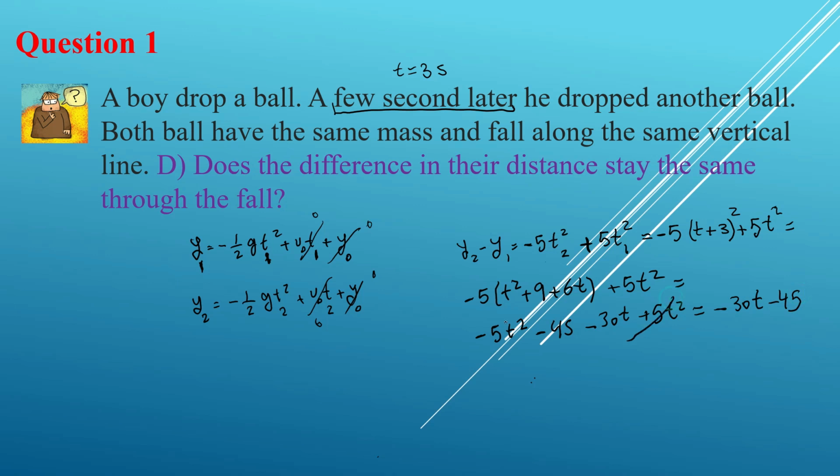Because these two cancel out. So this is going to be the answer, but if you look at it, you will see it doesn't depend on the displacement or the position of the object, right? It only depends on t and there is no x or y in this answer. So that means the difference in displacement is gonna be constant, and the answer is yes.